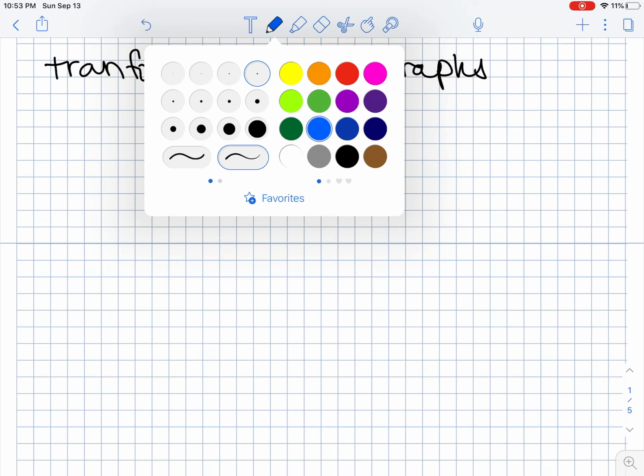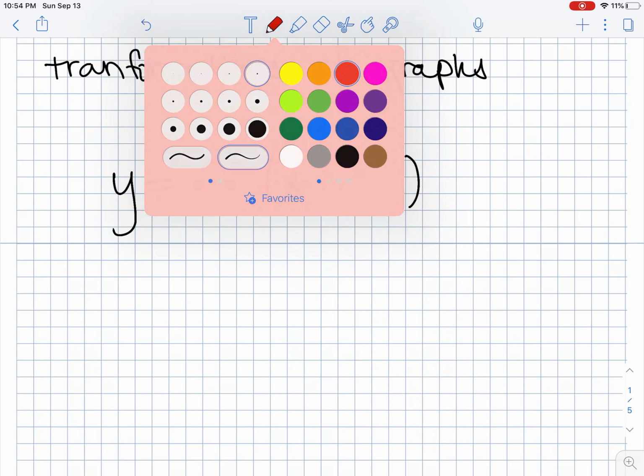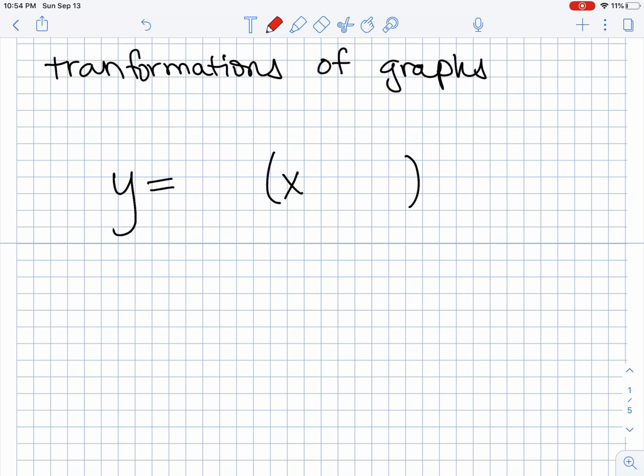Okay, so let's talk about the transformations of graphs. I'm going to just give us a very, very basic function. Okay, so we've got y equals, and then usually we'll see something like an x, right? Inside here there's a parentheses. Now I'm going to show you all the different ways that we can change this graph. We can put a coefficient in front.